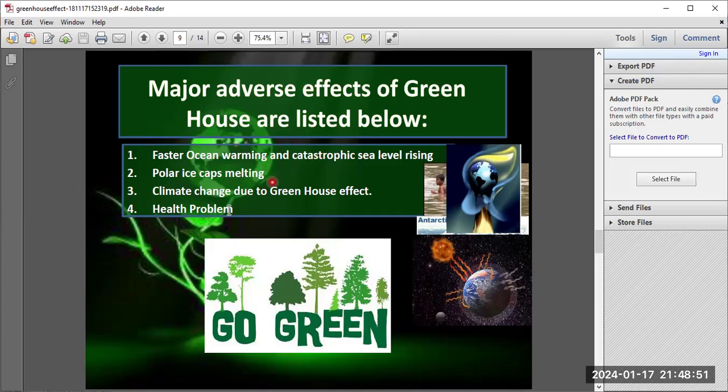Also, due to the greenhouse effect, we are observing health problems in human beings and in animals. We have a recent example of Delhi, India, where due to the greenhouse effect, a lot of fog is being generated.